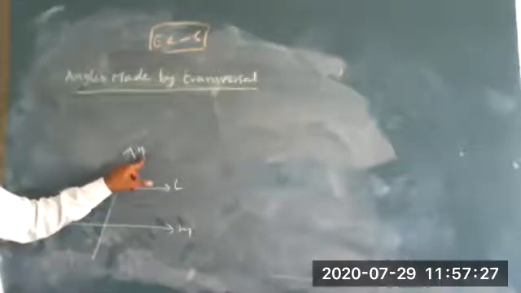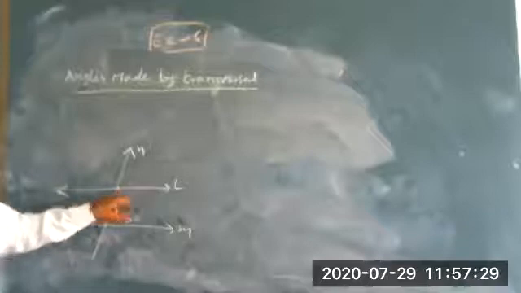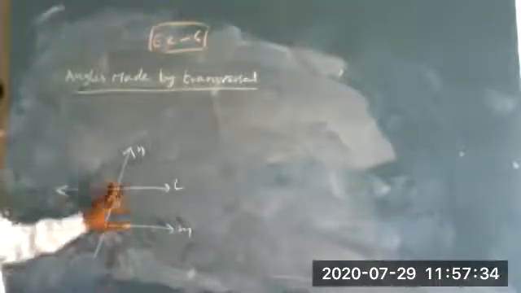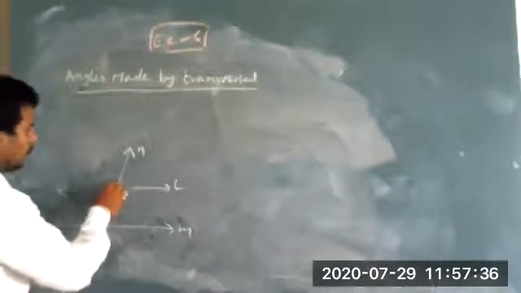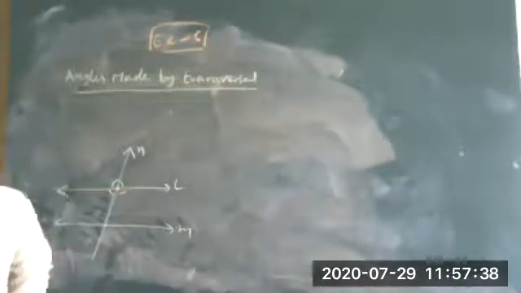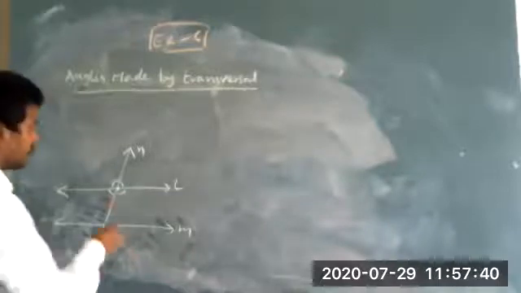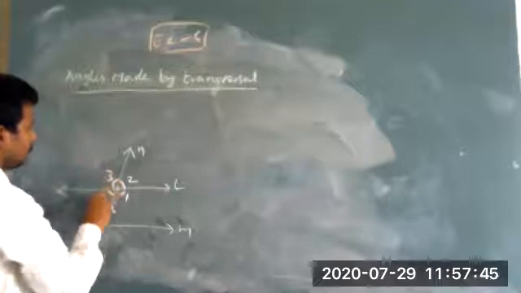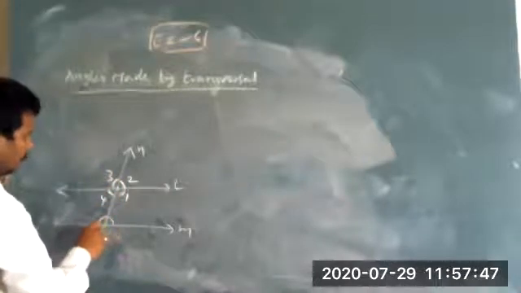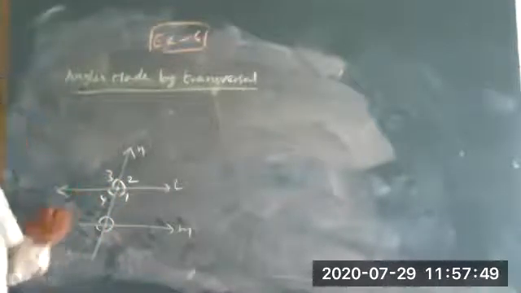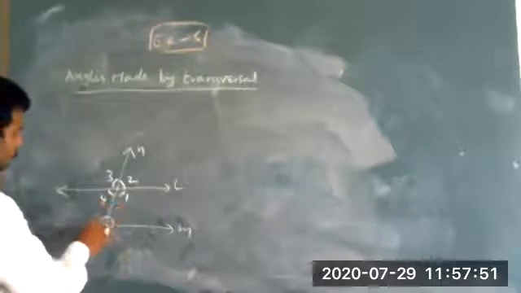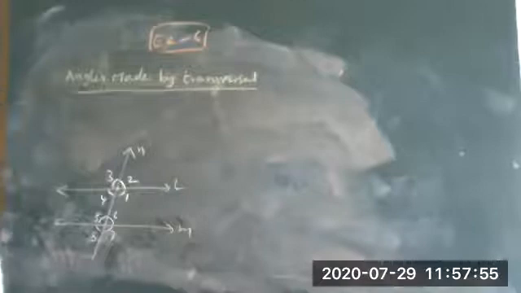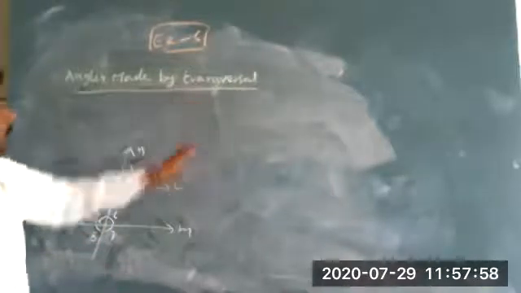So this N line meets L at one point and M at one more point. So here formed how many angles? 1, 2, 3, 4. Four angles. Here also formed how many angles? Four angles: 5, 6, 7, 8. So total how many angles? Eight angles.